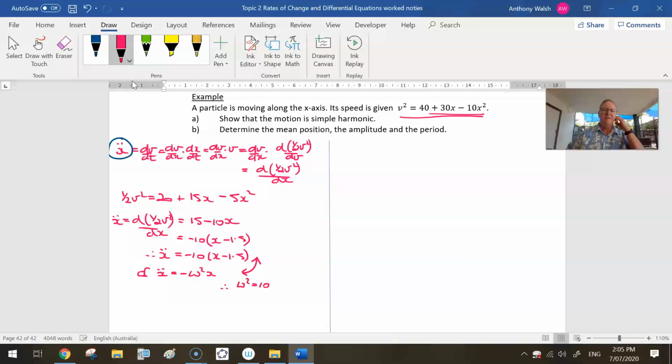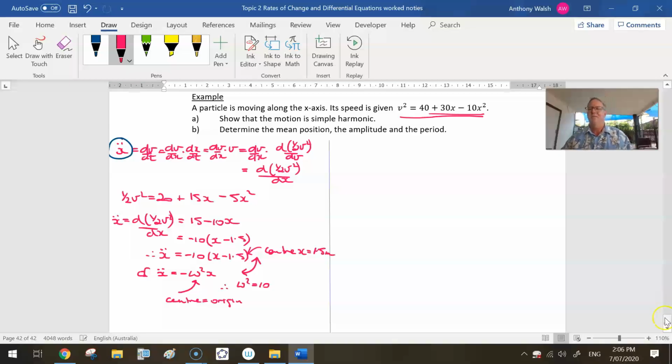And the difference between x minus 1.5 and x is that in just x, the center is at the origin. In this case, the center is not at the origin. The center between the two extreme points is at x equal to 1.5 meters.